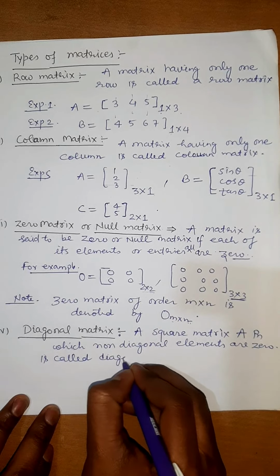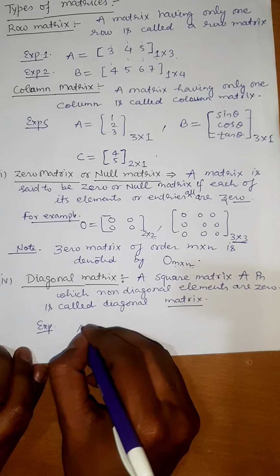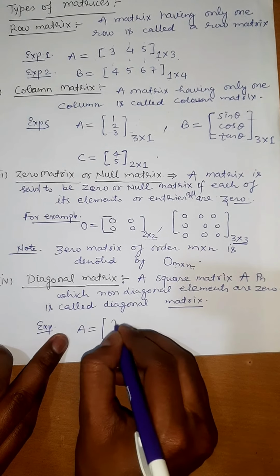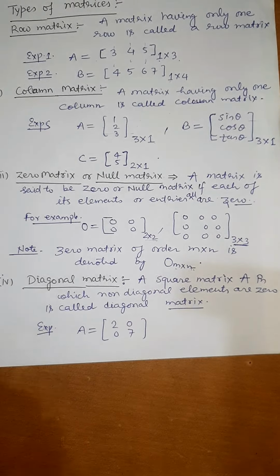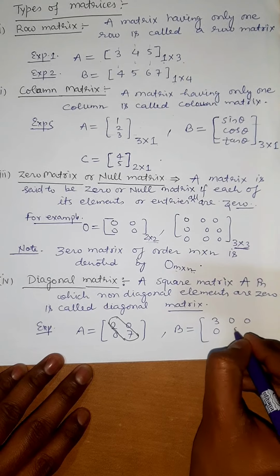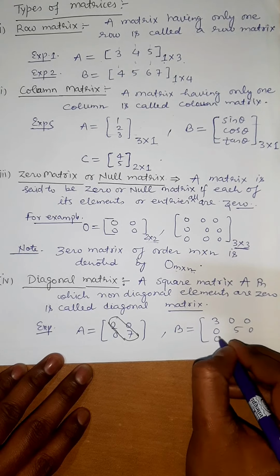For example, A is equal to 2, 0, 0, 7. So this is the diagonal of this matrix. And take another example, B, which is equal to 300, 050 and 001.